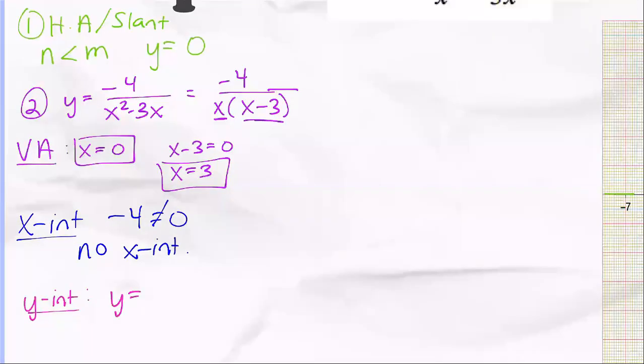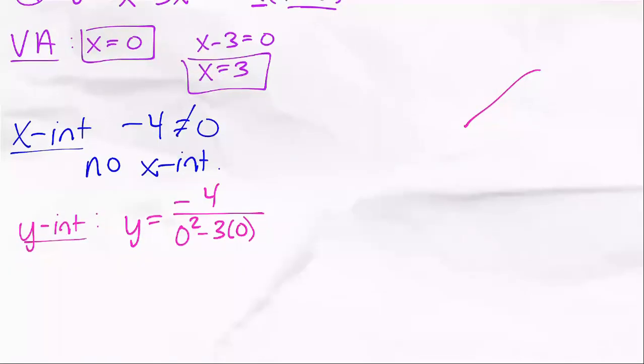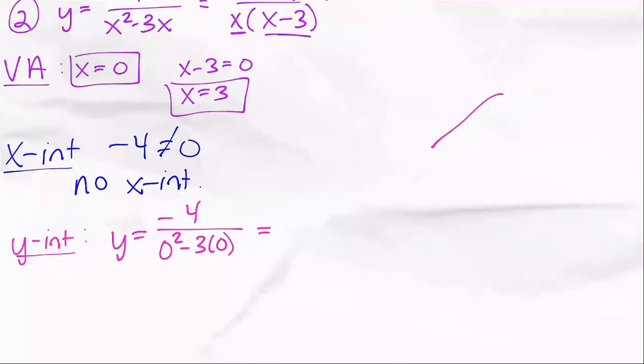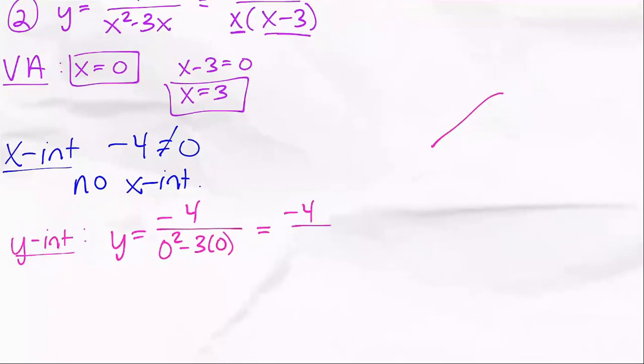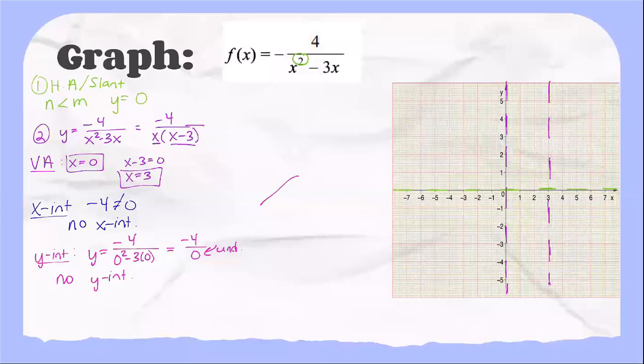Y equals 4 over 0 squared minus 3 times 0. And this doesn't make sense either because I get a 0 on the bottom. That's undefined. We can't have that. So there are no y-intercepts either.